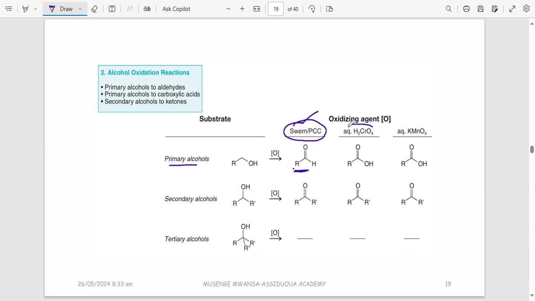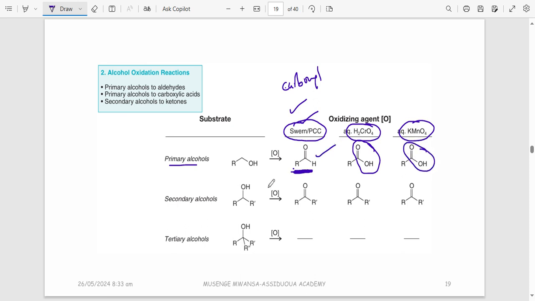If we use chromic acid or potassium dichromate, these are strong oxidizing agents. They don't end at this level of an aldehyde or a ketone. Swern oxidation or PCC is a weak oxidizing agent, so it will end at the level of a carbonyl group, either an aldehyde or a ketone, depending on the type of alcohol you started with. While chromic acid or potassium dichromate always form the acid, you can see you're ending with a carboxylic acid.